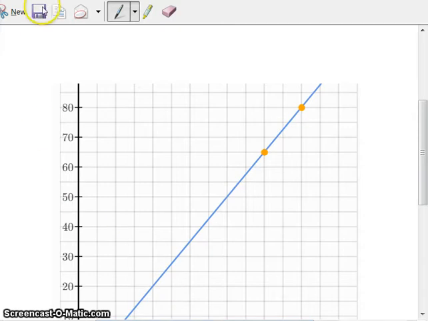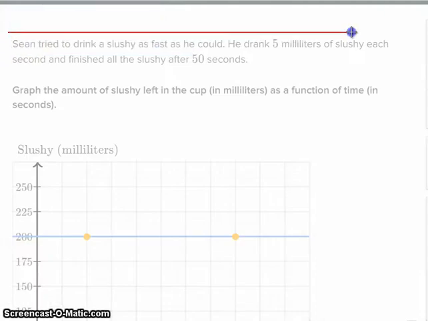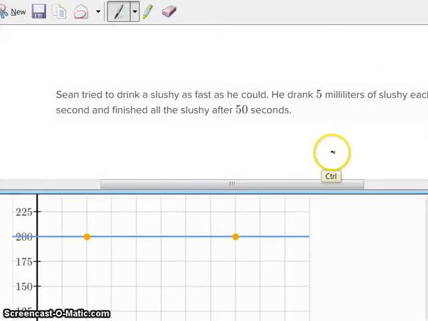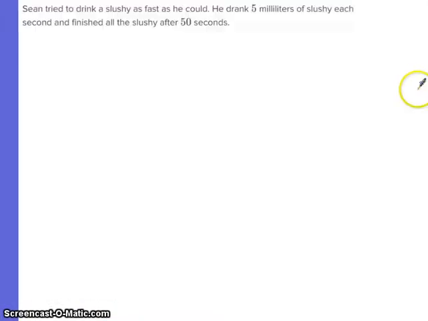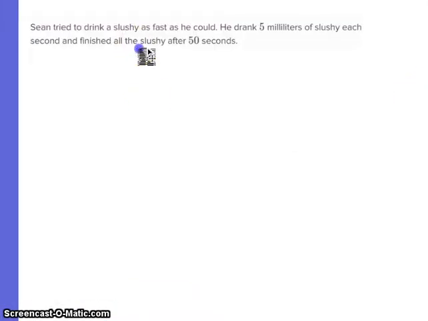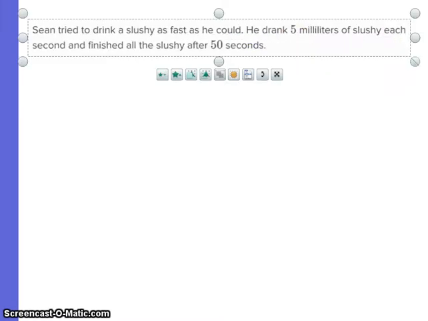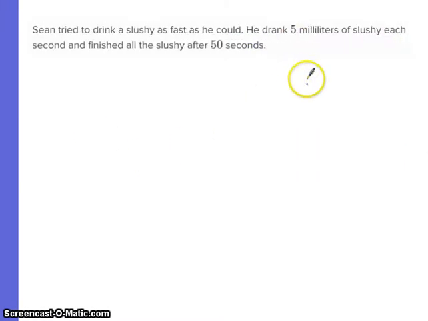All right, here comes Sean and his slushie. Sean is drinking this. What happens when you drink a slushie as fast as you can? Okay, Sean is in trouble here. Incidentally, the reason that happens is that your mouth gets too cold, so it sends blood to your mouth to warm it up again, and that takes blood away from your brain.